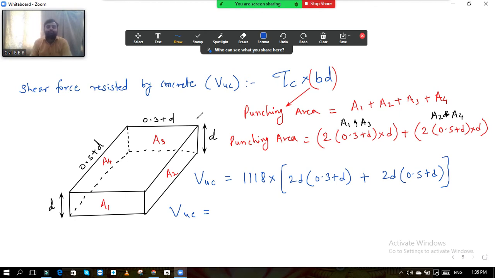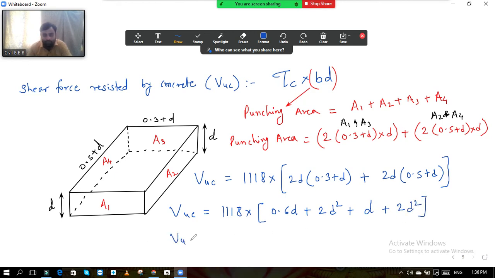Okay, so here 1118 into, in the bracket, 2d into 0.3, 2 into 0.3 is 0.6, so it is 0.6d plus 2d square, plus here it is 0.5 into 2, that is only d, 1d, plus 2d square.